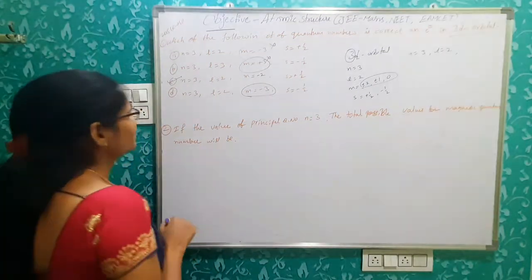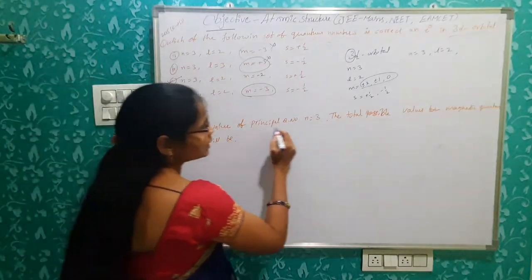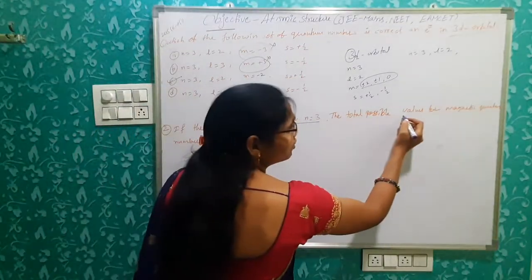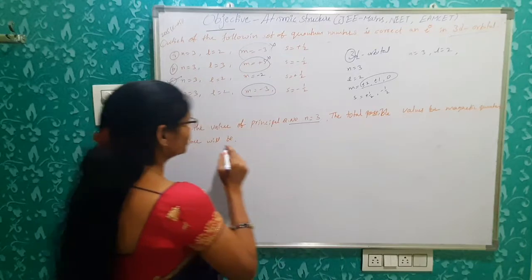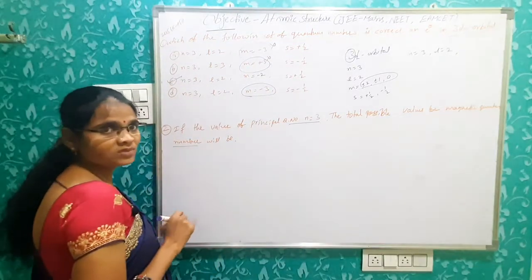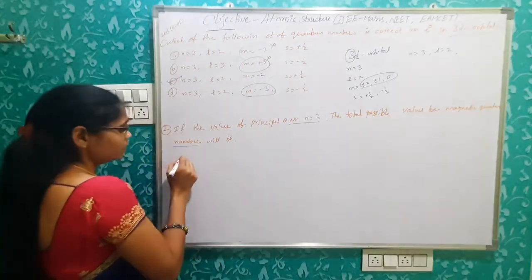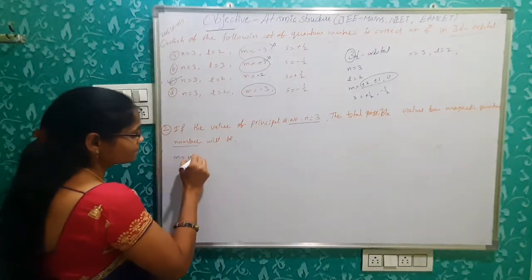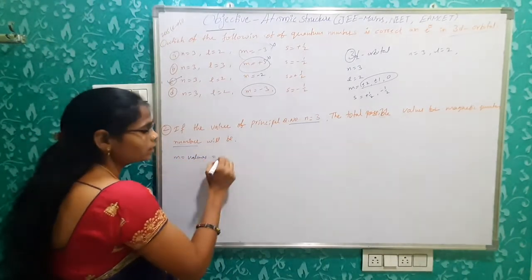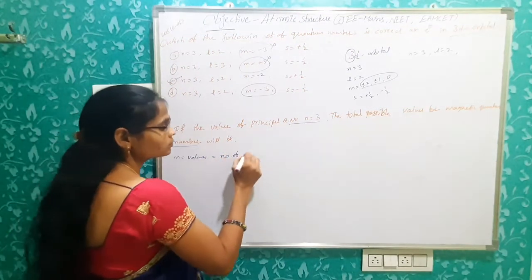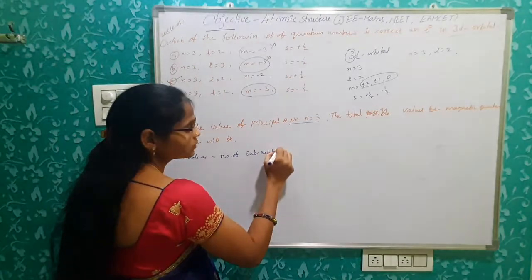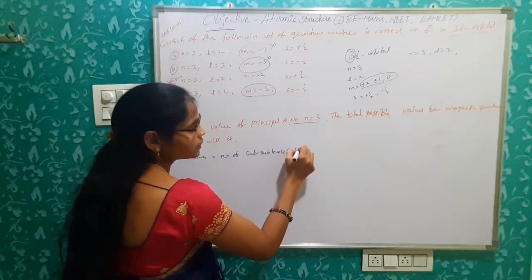Clear? Next. If the value of principal quantum number n equals 3, the total possible values for magnetic quantum number. What you get simply here, the magnetic quantum number m value is nothing but the number of sub levels, or simply orbitals.